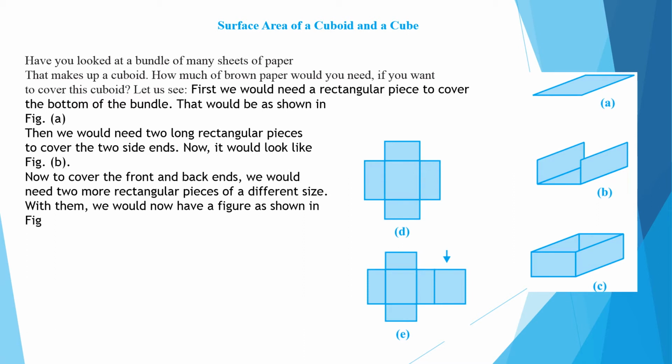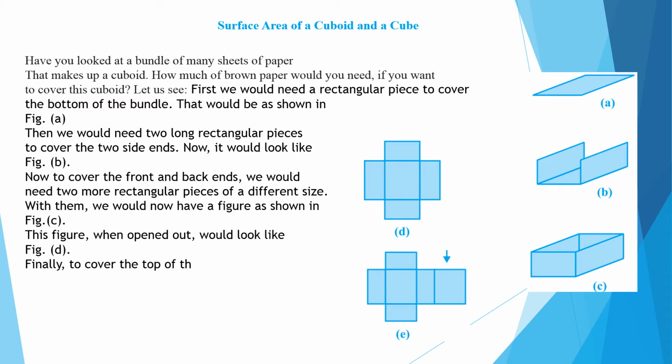With them we get the figure shown in figure C, a rectangular box that is open from the top. In figure D we have covered the front, back, sides and bottom.